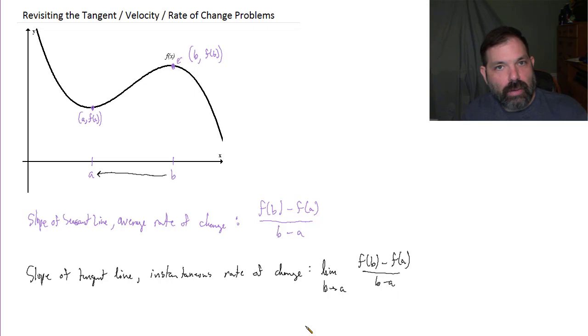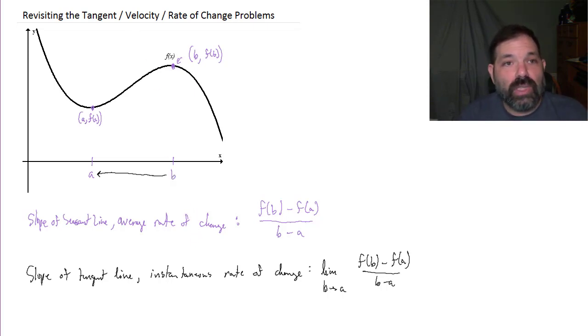And so if we just have the slope of the secant line, an average rate of change, that's just the slope between 2 points. However, if we apply this particular limiting process to it, we get the slope of the tangent line, the instantaneous rate of change.